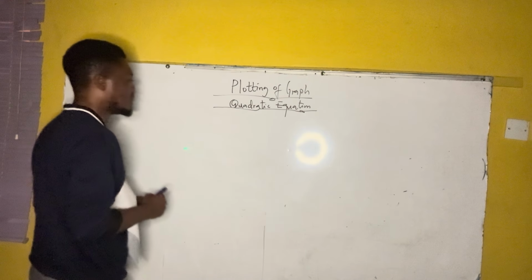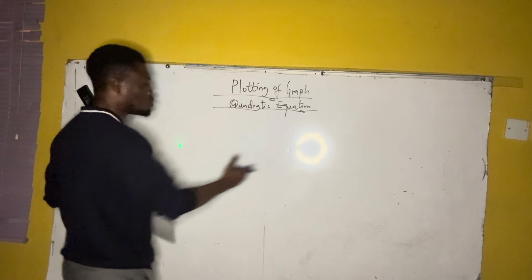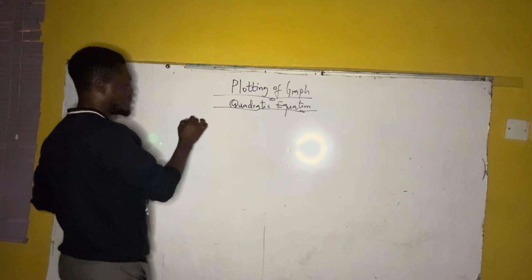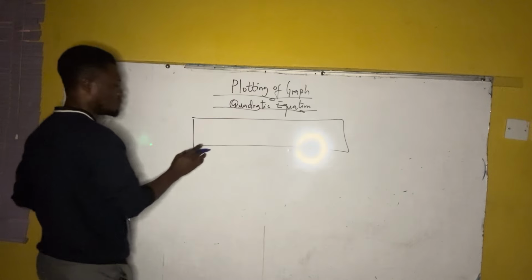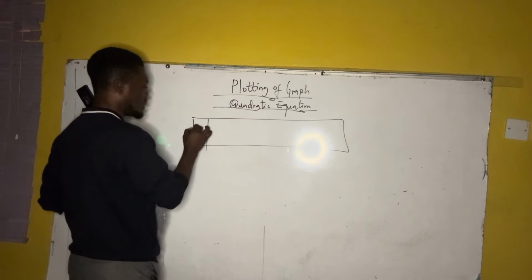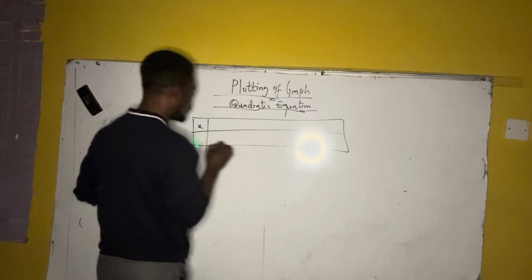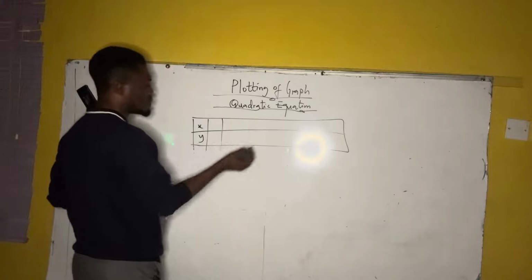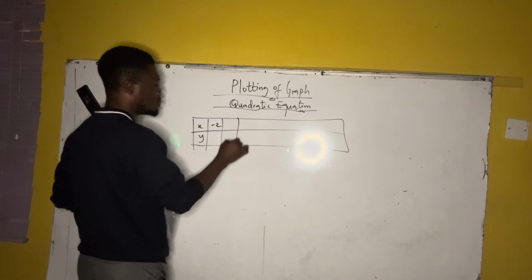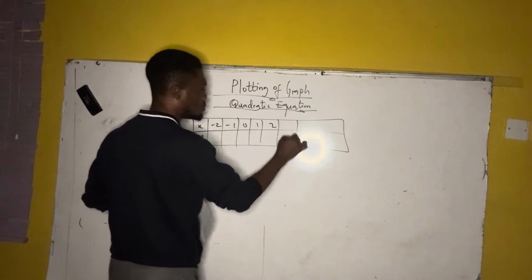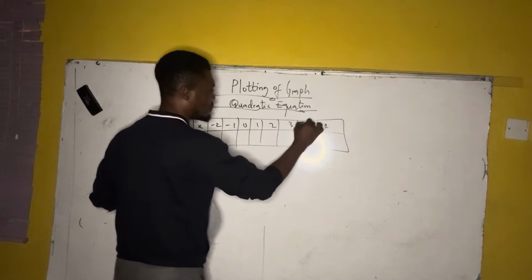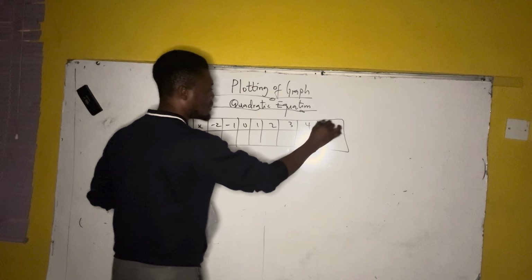Don't forget that yesterday we looked at two different equations, and at the end, I told you that you will have a range of values for both x and y. So say for example, we have -2, -1, 0, 1, 2, 3, 4, and 5.